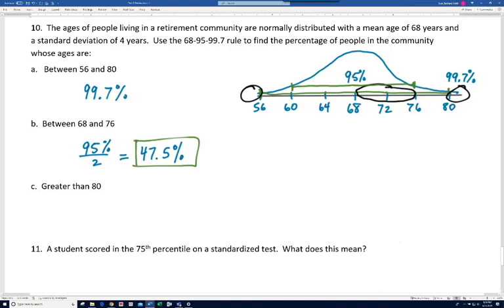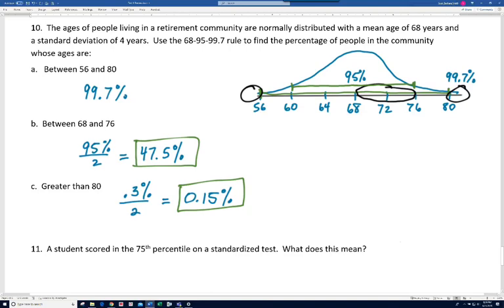That means 0.3% of the data would lie on the outside. And since we have symmetry, we would have half on each side. So we're going to take 0.3% and divide it by 2, which is 0.15%. So there aren't very many that are greater than 80.